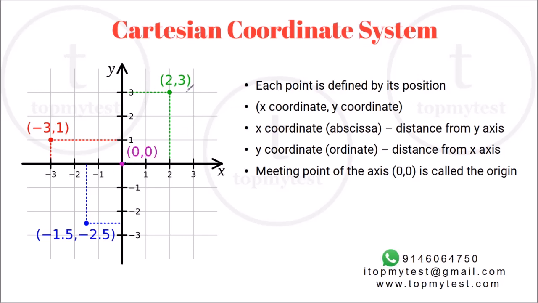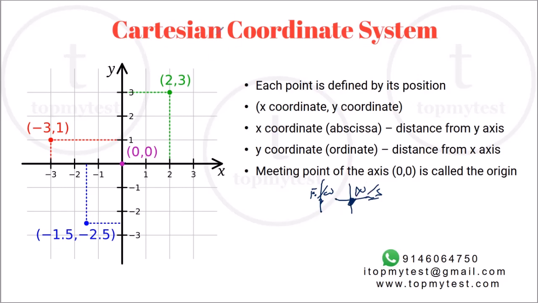So just like in a map, you can identify the location of any state or any place by its north-south latitude and east-west longitude, right? The meeting point of these will be the location of that point.